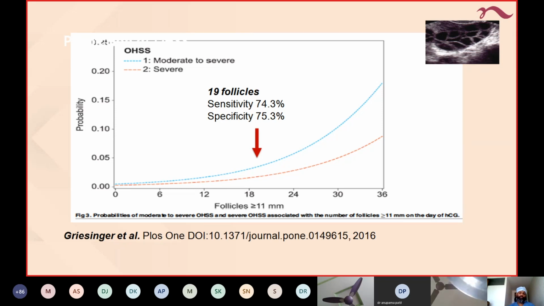So if you have more than 17 follicles or about 19 follicles, it's not wise to transfer the embryos in the same cycle because there is a possibility of OHSS. Hyperstimulation is a possibility. So please freeze all the embryos, and subsequently, in the next cycle, you can transfer them. But if you transfer in the same cycle, you might end up with OHSS, as this graph says. If there are more follicles, there is more chance of OHSS.